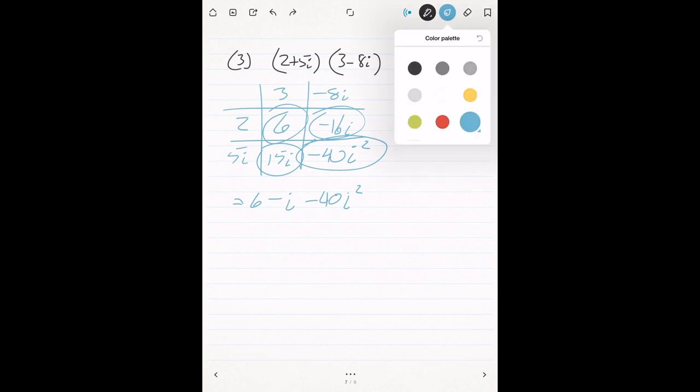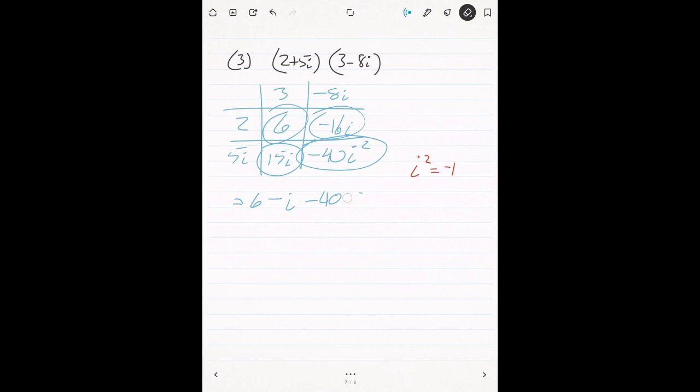We have to remember that i squared is equal to negative 1. So instead of having i squared here, we should substitute in negative 1 for the value. So as we combine this, we get 6 minus i. Negative 40 and negative 1 is positive 40. So we should end up with 46 minus i as our final answer.